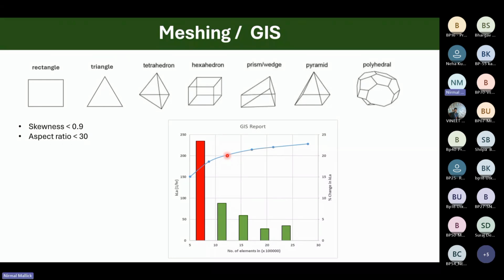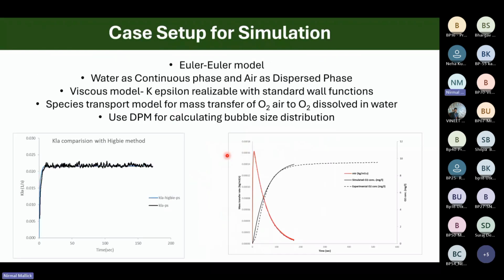Okay, so when you go for case setup, a simple case setup is having a Euler model, with water as the continuous phase and air as the dispersed phase, and the viscous model is the k-epsilon model with standard wall function, the realizable method.